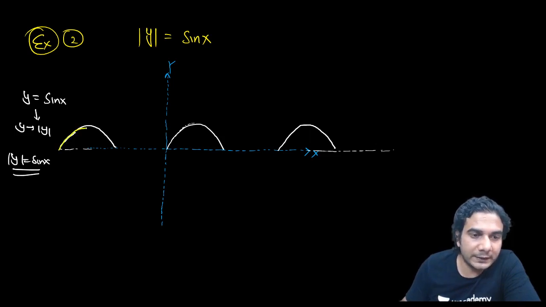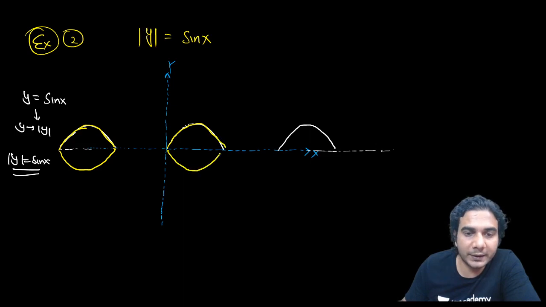So this, let me make the color yellow, and its reflection. These two parts are the parts of the graph. Now this will be there in the graph as well as its reflection about the x-axis. So can you see these closed loops are coming?